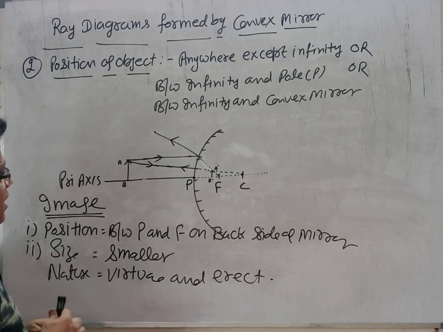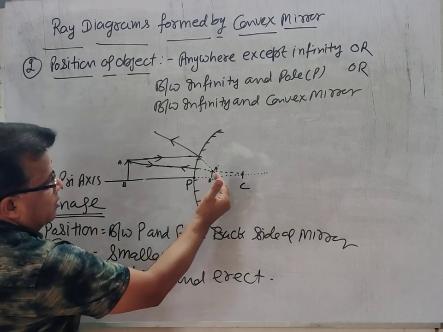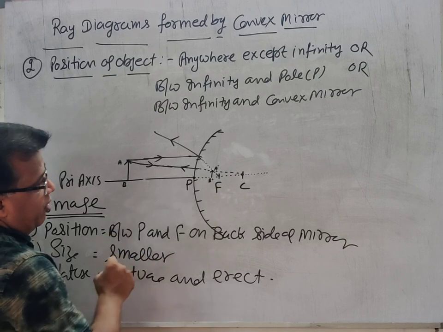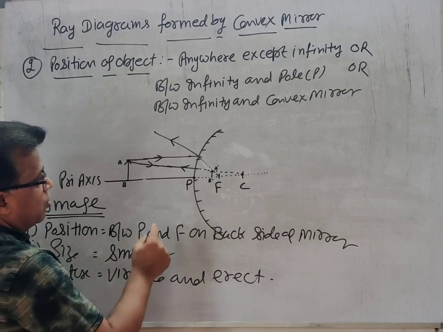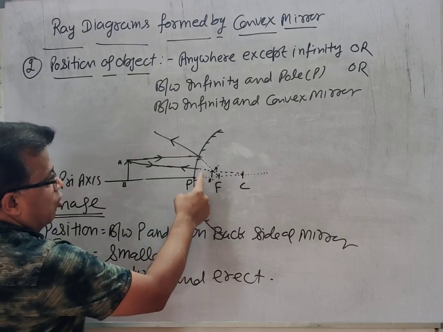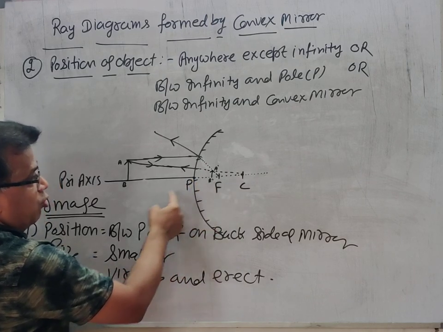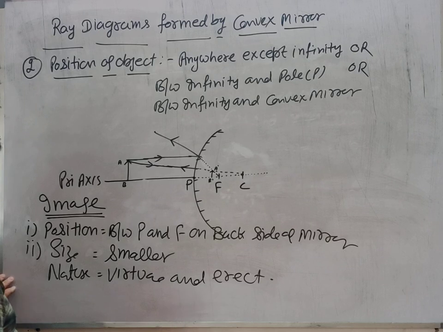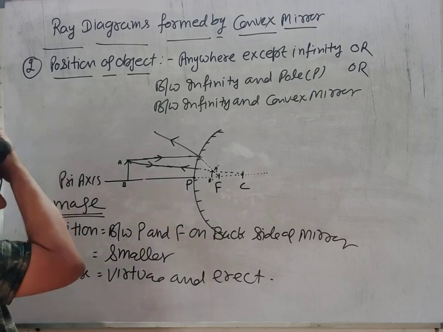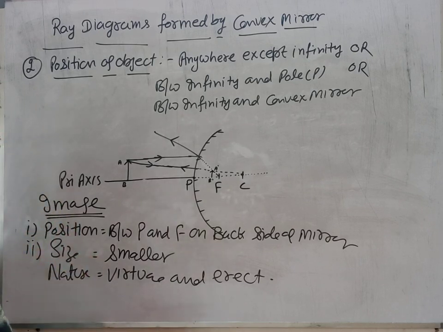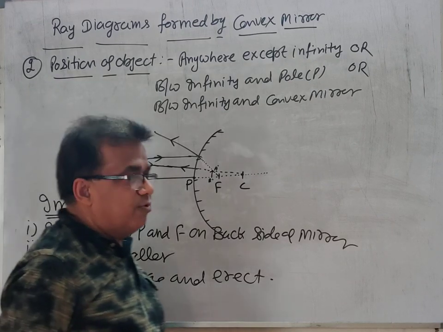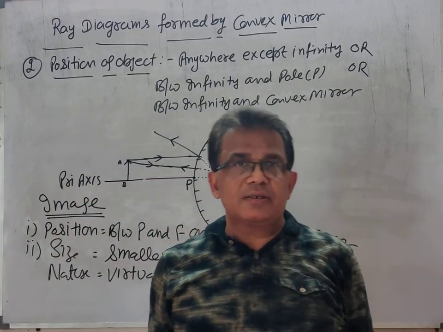Your answer is that its size goes on increasing, number one, and number two, its distance on other side from the pole or mirror goes on decreasing. So now we have studied this diagram also. Remaining portions we shall study in next class. Thank you.